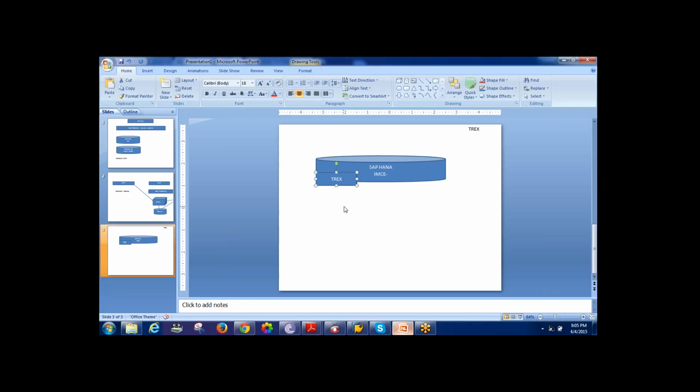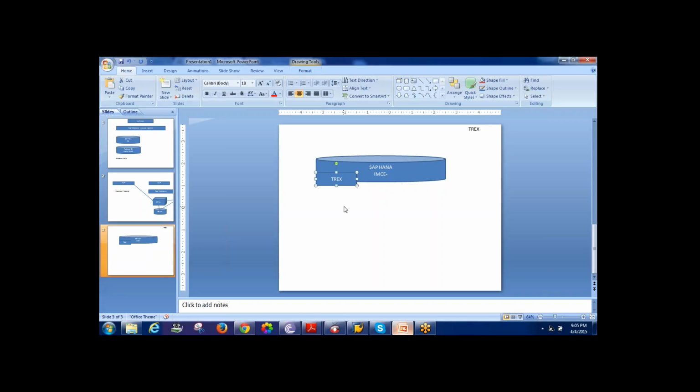This is TREX, where data can be stored in memory, computed in memory, and brought back extremely fast. All those capabilities are performed by the TREX functionality of SAP HANA. What is TREX?